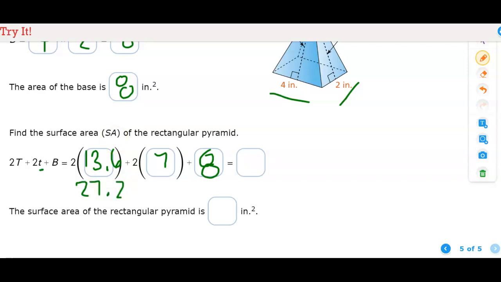And then 2 times 7 is 14, plus 8. Now we add that all up and we get a total of 49 2/10. So the surface area of the rectangular pyramid is 49 2/10 inches squared.